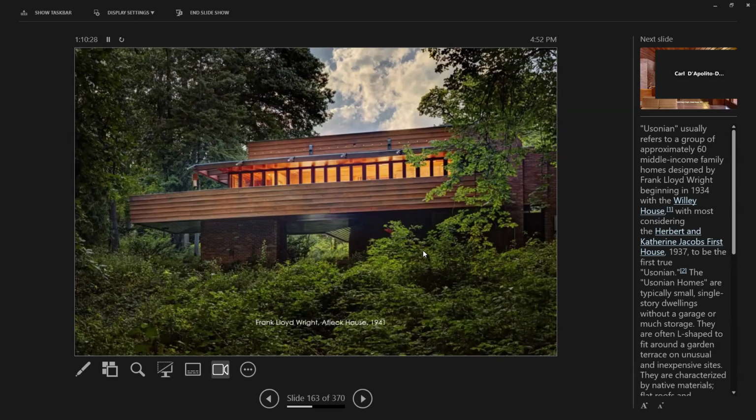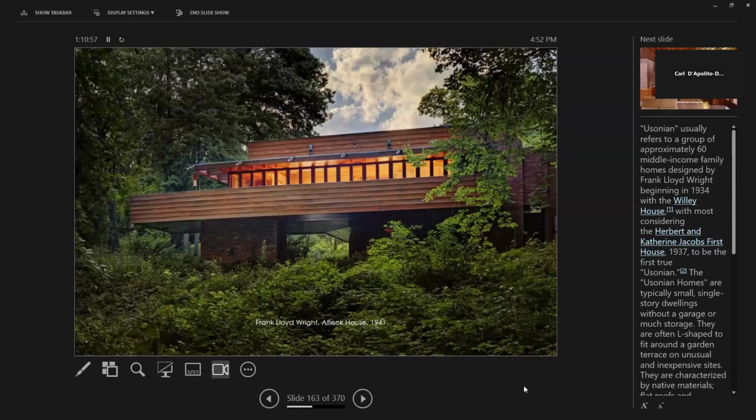They have carports and they're one story. They're often L-shaped and they face the sun. And they have a certain material palette. And they're what he imagined suburbia would be like. And they are quite delicate and small and lovely, and many of them still exist. And I think they have an enormous amount of merit as a design proposition.